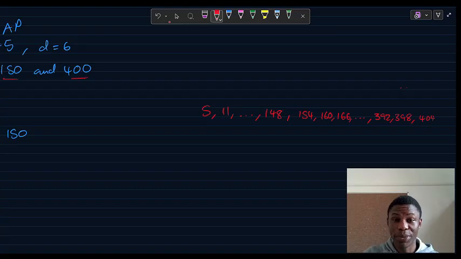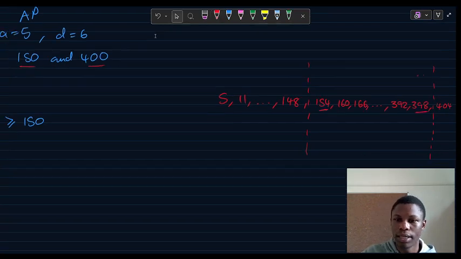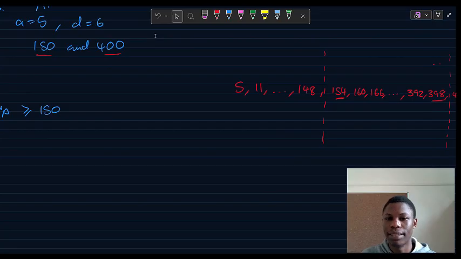So assuming that this is what our sequence looks like, it would mean our cutoff point would be here, because this is the first term that's more than 150, and then our cutoff point this side is here, because this is the last term that's more than 150 but less than 400. So we need to find the actual positions of these terms.